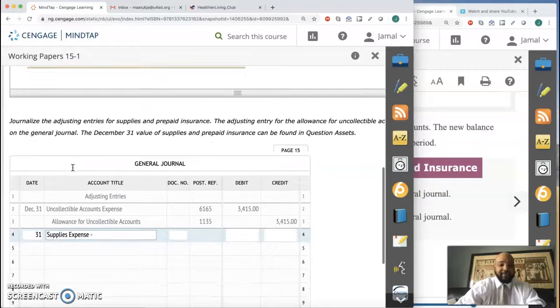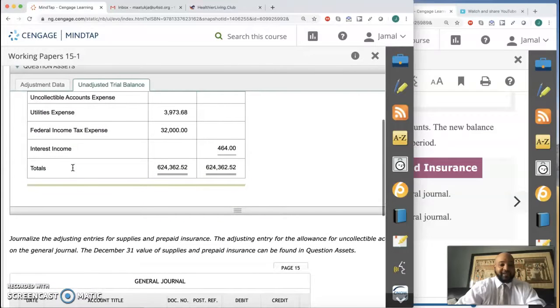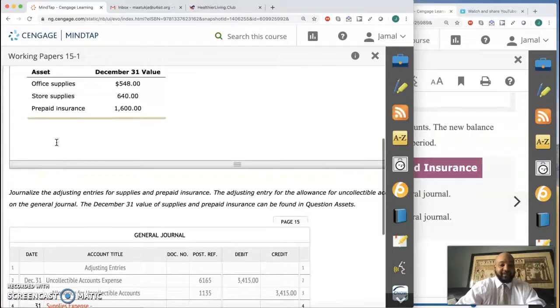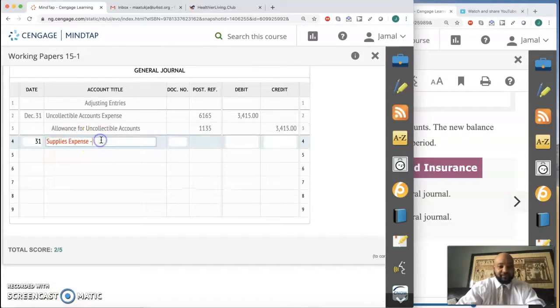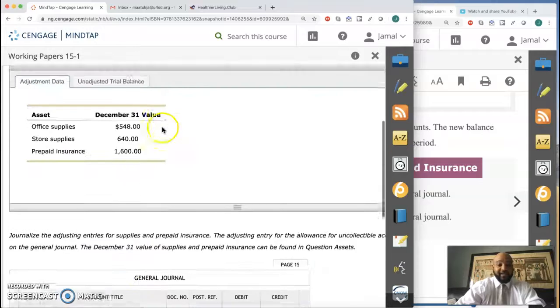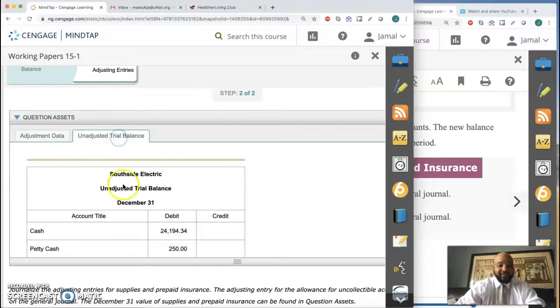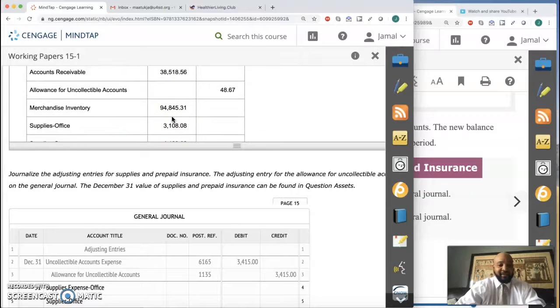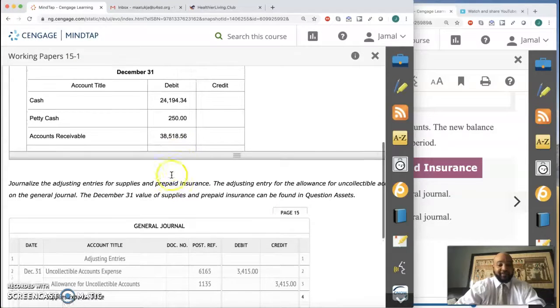Which one are we doing? Supplies expense, adjustment data, supplies expense, office. And then that's supplies, office. Good. Is that the matching account? We've got to go back up and make sure those are the matching accounts. Let's see. Do we have supplies, office at the top? Yes, supplies, office; supplies, store. Good. Okay, and then we're going to do it for prepaid insurance.